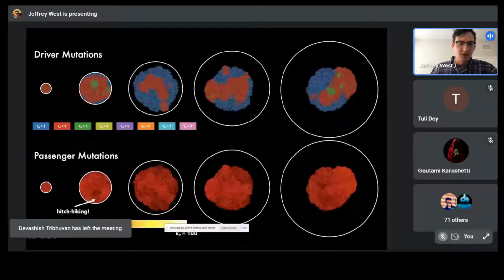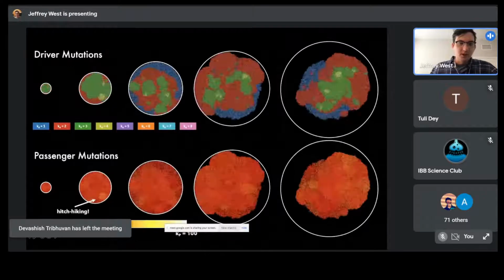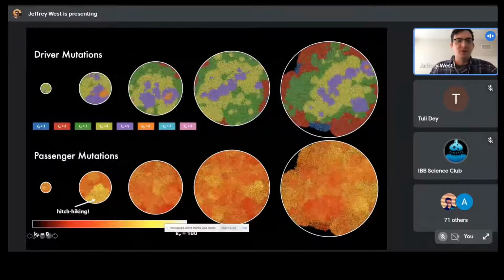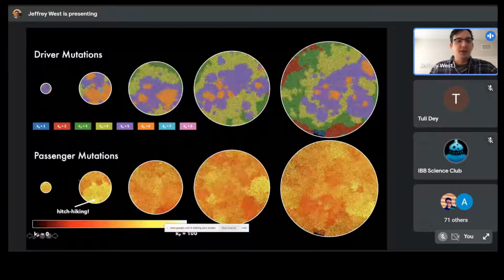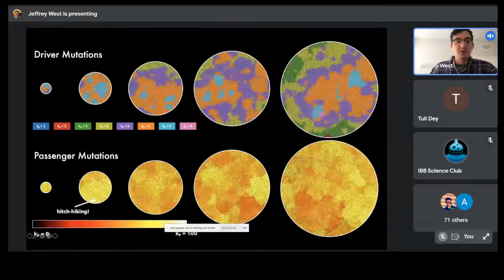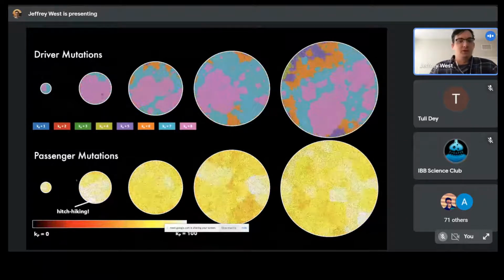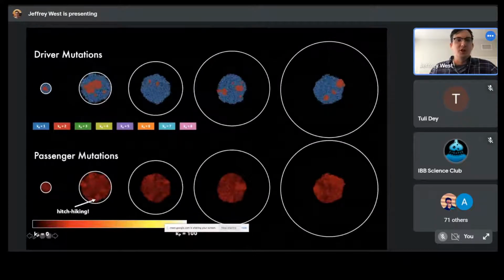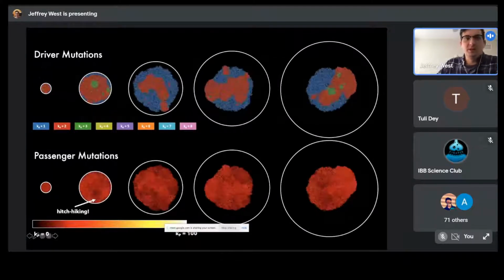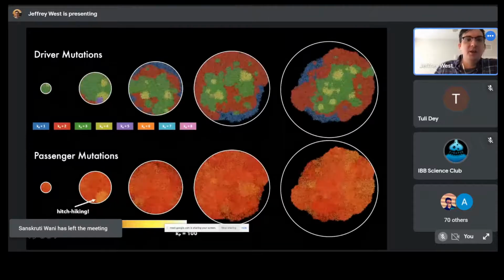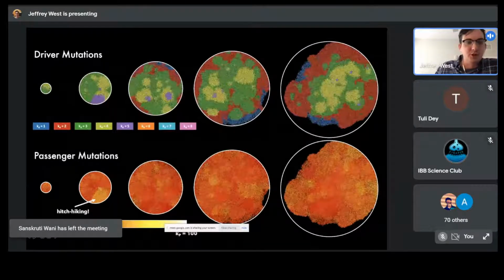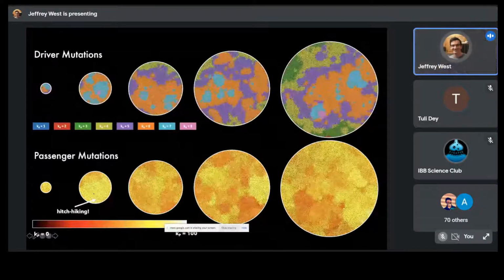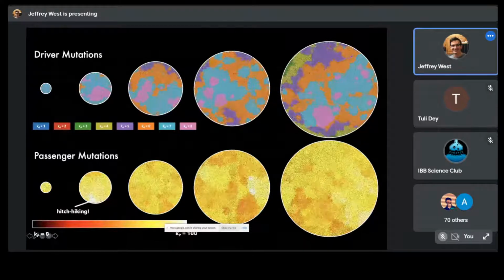You can see down here, there's an event of this passenger mutation sweeping through the population. Well, I've already told you that passengers are deleterious, so why would that sweep through the population?